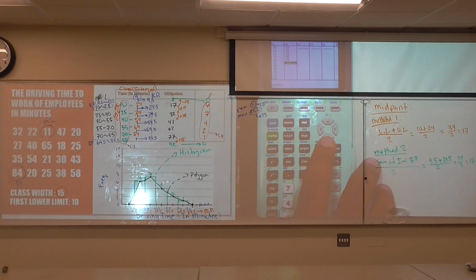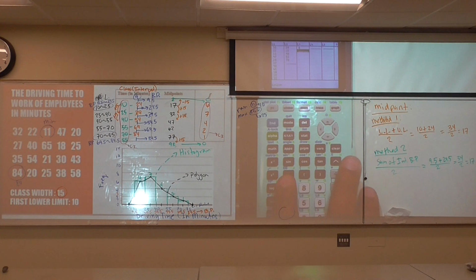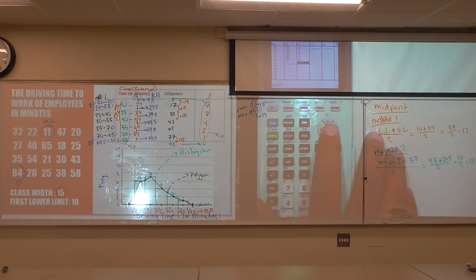The 85 is actually the real upper limit that goes to the last interval. Now the corresponding frequencies that go with them are 6, enter, 7, 4, 2, 1. So get those, enter.